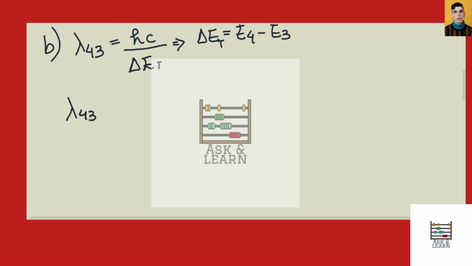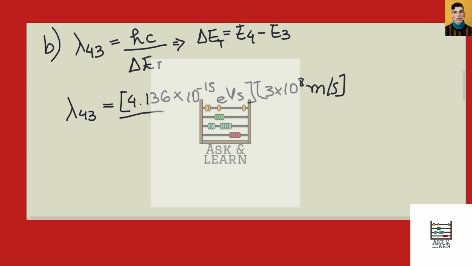So let's write here Planck's constant, electron volts times seconds, times the speed of light, divided by the difference between the highest state and the second excited state. This is going to be equal to 600 nanometers.